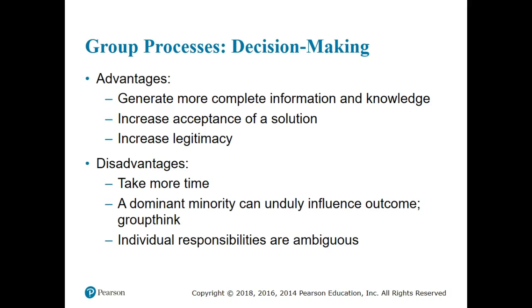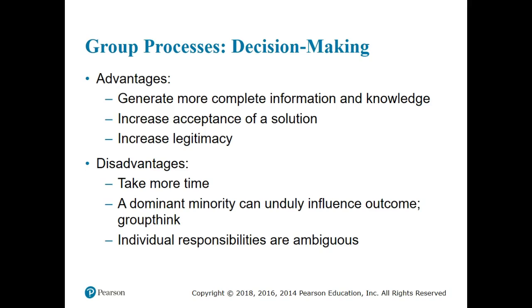Why do we want to include more people in our decision making? This was back when we discussed this decision-making model in previous chapters. Now, they bring a diversity of experience, a diversity of perspectives to the decision process that an individual cannot. In addition, groups generate more diverse alternatives because they have a greater diversity of information.